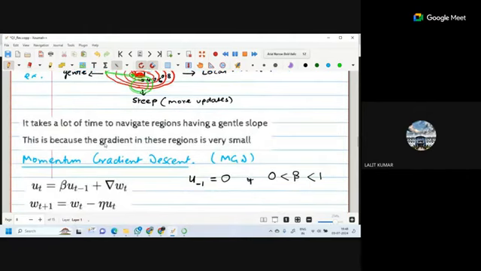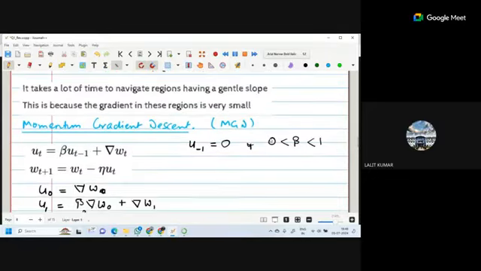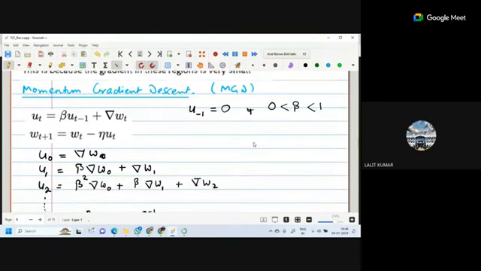Now we come to momentum gradient descent. The intuition I have already covered: we have to take the momentum of the past gradients. For this, we define a variable u_t, which is equal to beta times u_(t-1) plus the gradient of loss at w_t. And we update the weight: w_(t+1) equals w_t minus eta times u_t.